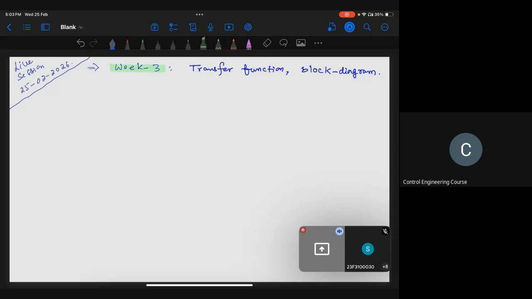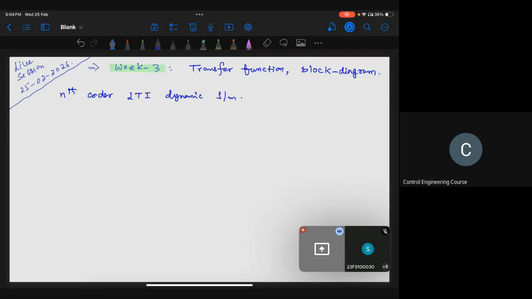First, I'll explain briefly what exactly the transfer function is. Consider an nth order linear time invariant dynamic system.